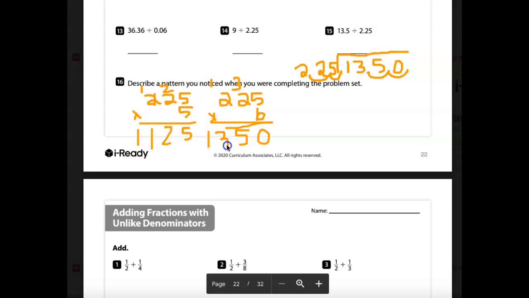So 1,350. So we know that there are 6 groups of 225 in 1,350. When we multiply those two, we get 1,350. All right, these are all zeros.